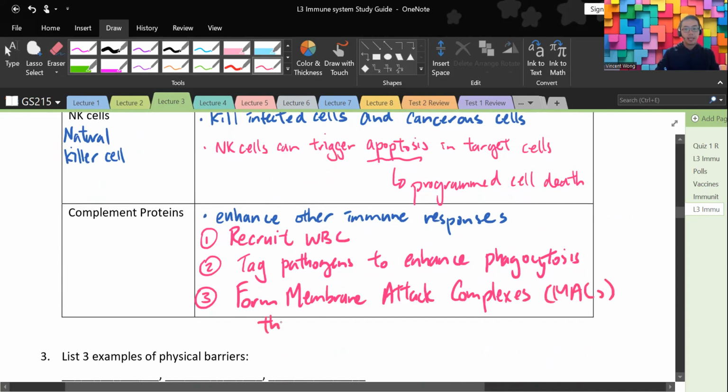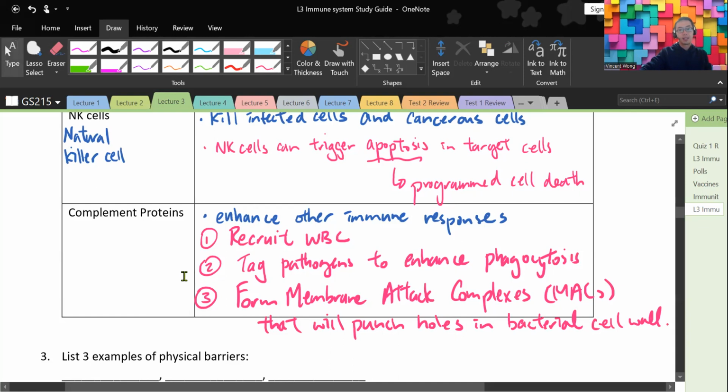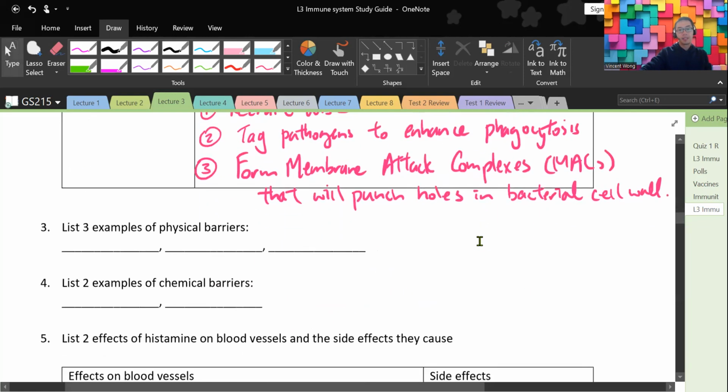That will punch holes in the bacterial cell wall. Okay, that's it. Those are your complement proteins.